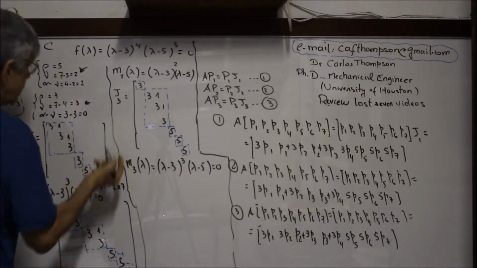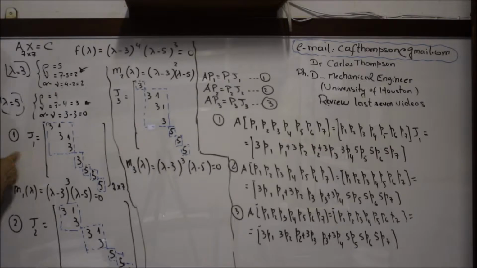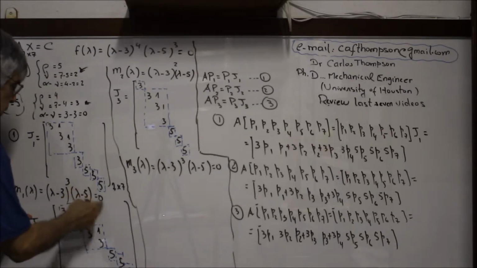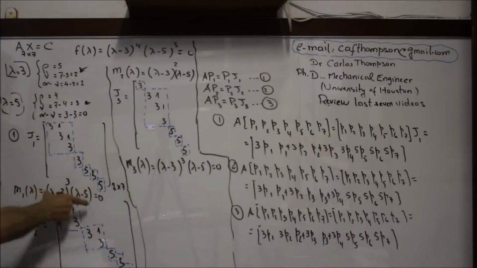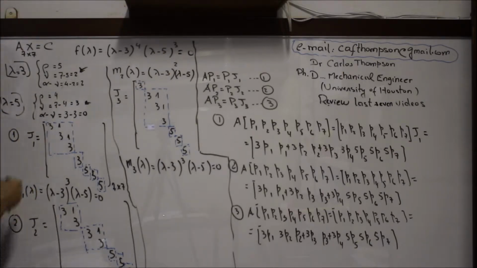This is the first choice for J1. Now we solved and got m1 of lambda, the minimal polynomial for this J1, which is (lambda minus 3) to the power 3 times (lambda minus 5) to the power 1. That's the minimal polynomial. Just compare it with the characteristic polynomial.